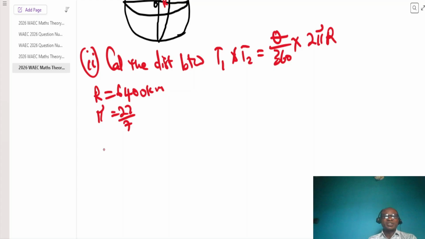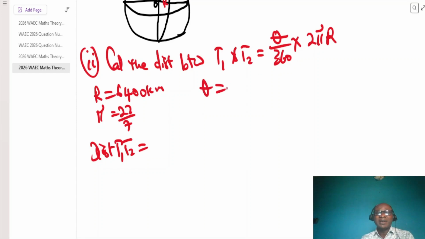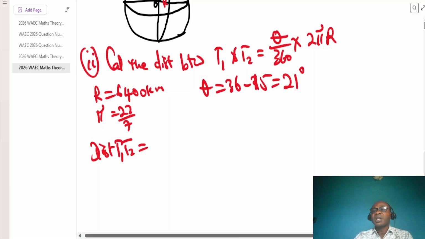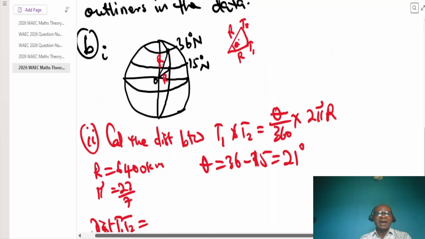So applying that, our distance for T1 and T2 will now be, first and foremost, I have to calculate the angular difference, which is 36 minus 15, and that is going to give me 21 degrees. Why did I subtract? I subtracted because the 2 points are in the same quadrant. What do I mean by that?